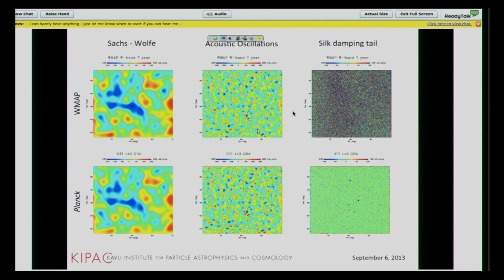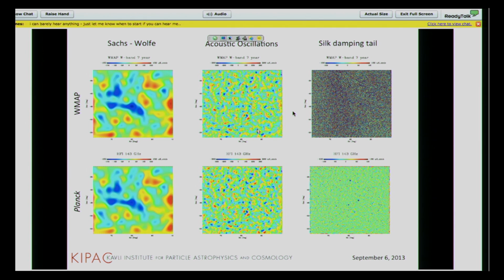The first row is the WMAP data, and the lower row of data is Planck. These particular data are the 143 gigahertz maps, but they're not quantitatively different than the 100 gigahertz data.